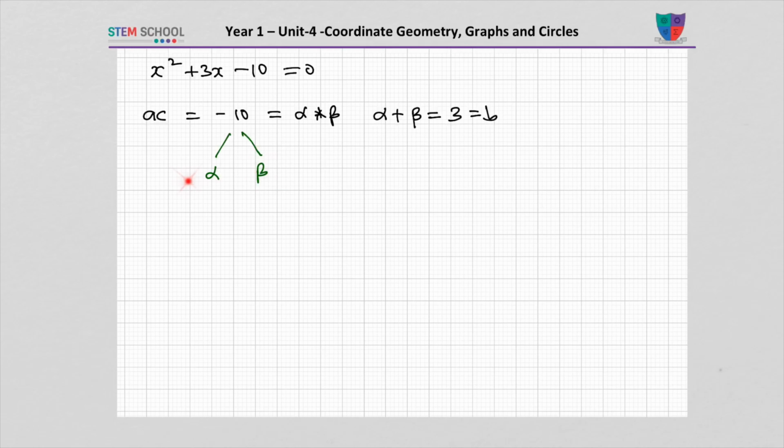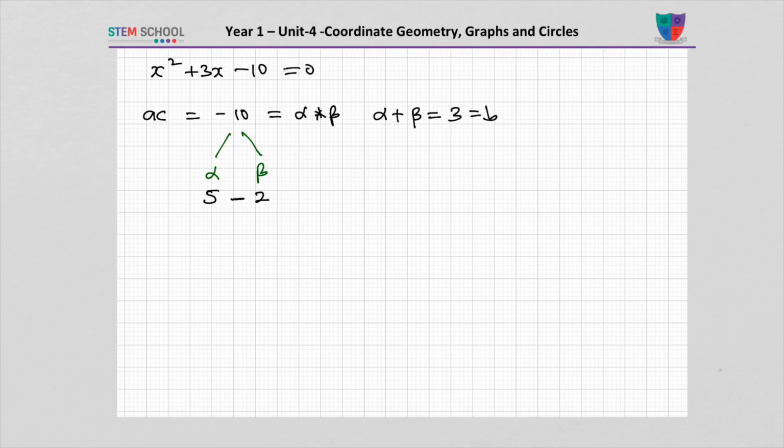So here are the two numbers I'm looking for, alpha and beta. When I multiply them together, I'll get minus 10, and when I add them together, I should get b, which is 3. So the numbers I'm thinking about are 5 and 2, so I'll put minus 2 here: 5 times minus 2 is minus 10, 5 plus minus 2 is plus 3.